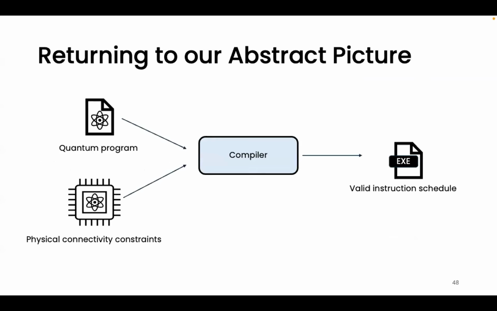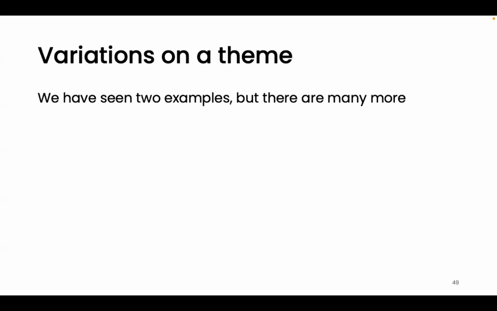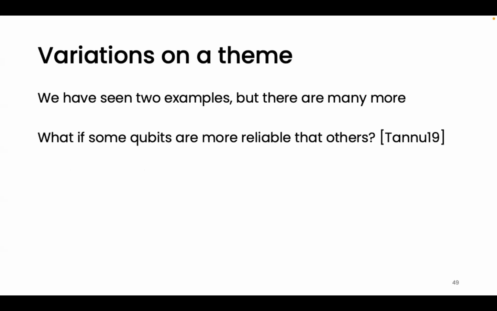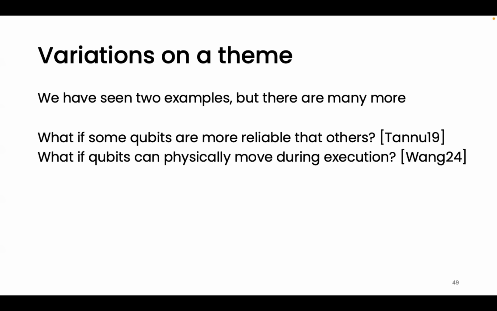So let's look back at our picture of what qubit mapping and routing looks like. We have some sort of connectivity constraints that can change between different architectures, and some program we'd like to execute, and we're trying to produce the scheduling of the instructions. But we've seen two examples of this, and there are many more examples of qubit mapping and routing problems. For example, we might consider the case where some qubits are more reliable than others, or qubits that can physically move during execution.